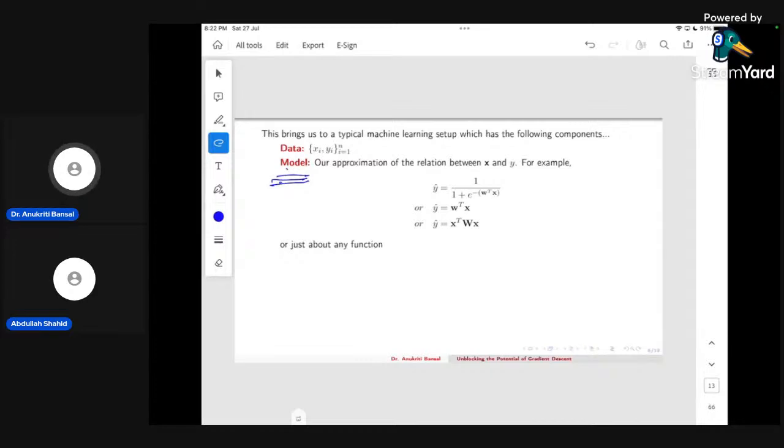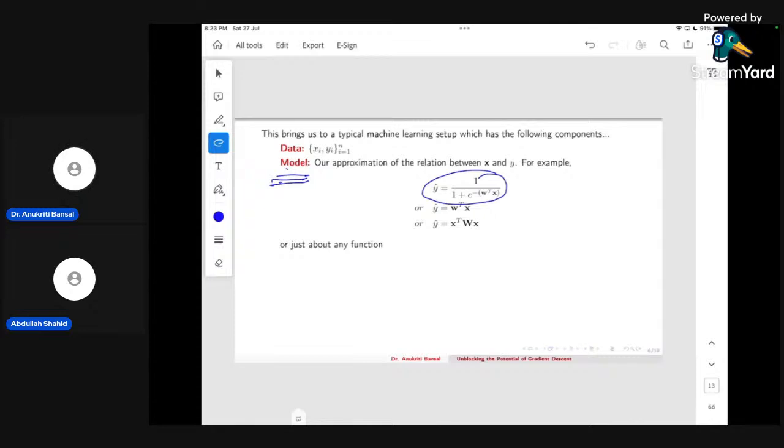Like, what will be the value of x which can give me the closest or the best value of y. If I talk about the rainfall values, what will be the closest input values, how they will be related, so that I can get the exact rainfall prediction. Okay. And for that, you can have this relationship.